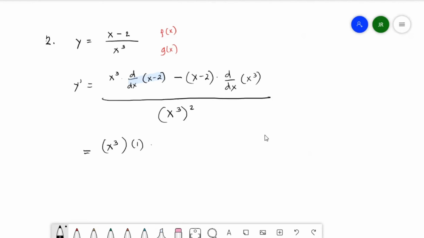Then copy the operation subtraction. Copy the x minus 2. And then get the derivative of x cubed. Again, you can apply the power rule here. Ibaba sa exponent, which is 3. Copy the variable x. Yung 3 na to, bawasan natin ng isa. So 3 minus 1 ay ito na lang po.